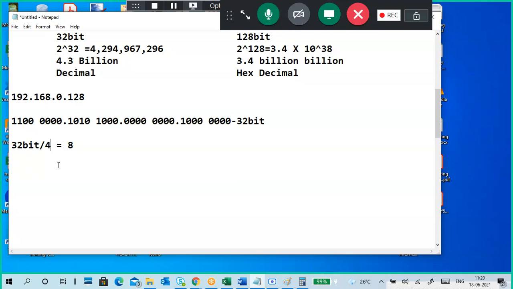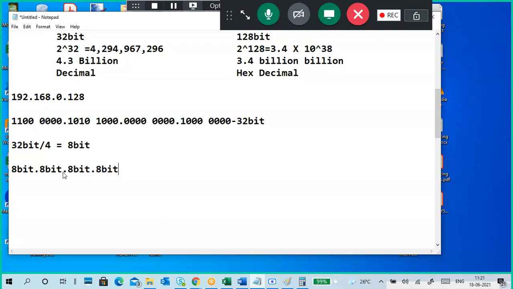To avoid this confusion and complexity, what did they do? They divided this total 32-bit into 4 parts. Each part is 8 bits. First part is 8 bit, the second part is 8 bit, third part is 8 bit, fourth part is 8 bit.